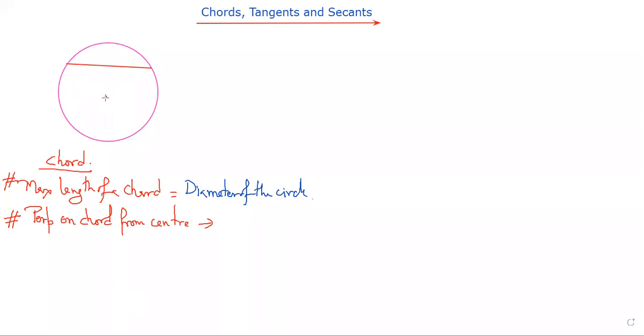If I draw a perpendicular from here like that, it divides the chord in two equal parts. Like this segment of the chord and this segment of the chord will be of equal length.